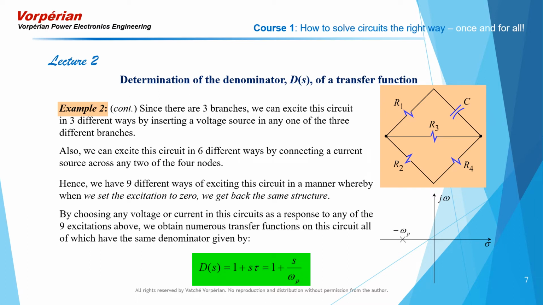And I have all kinds of transfer functions that I'll be determining that way. And the thing is that all of those transfer functions will have the same denominator, because once you set the excitations of those transfer functions to 0, you always get back the same structure, and hence they all have the same denominator, 1 plus s tau, where tau is the time constant that we determined previously.